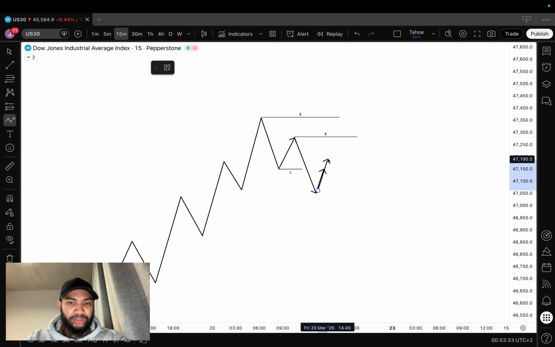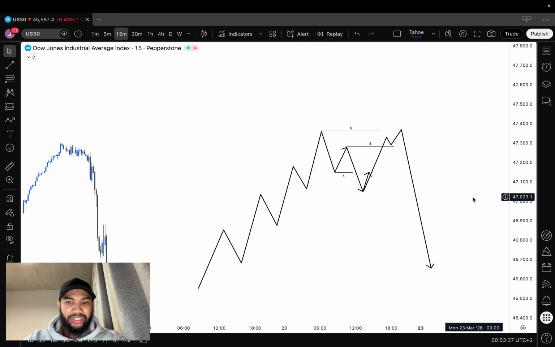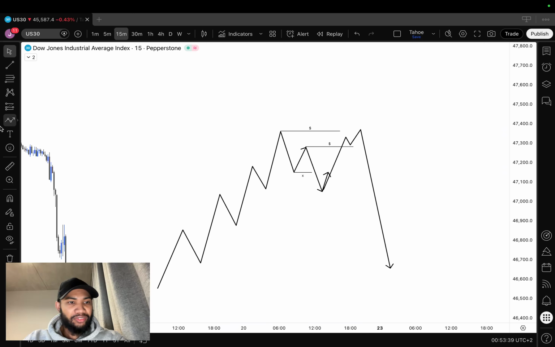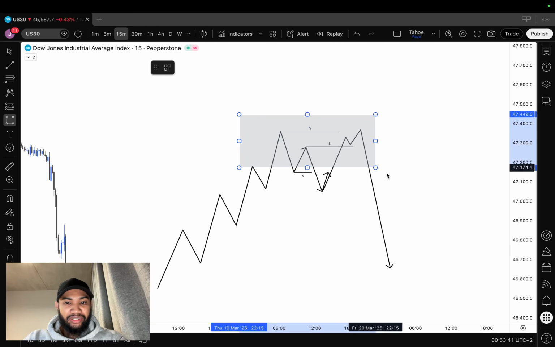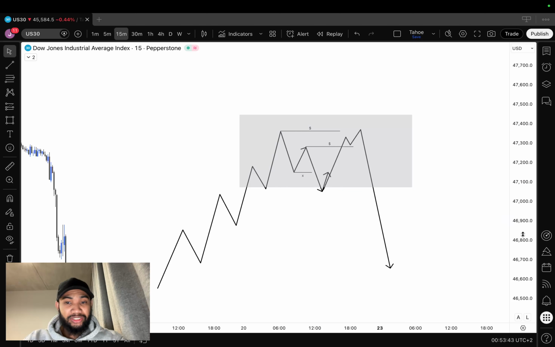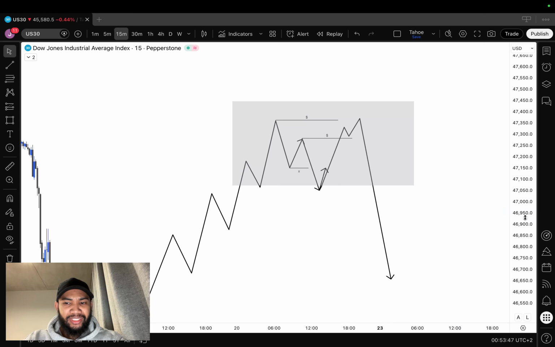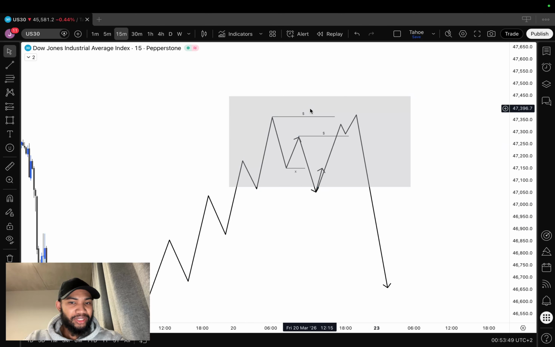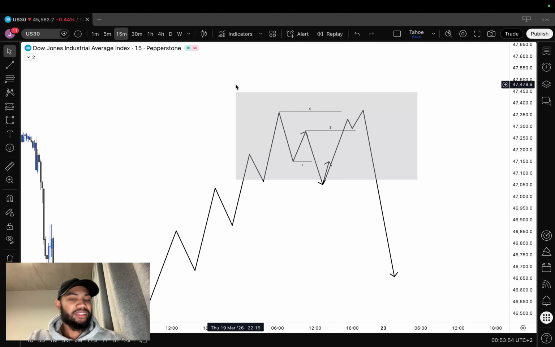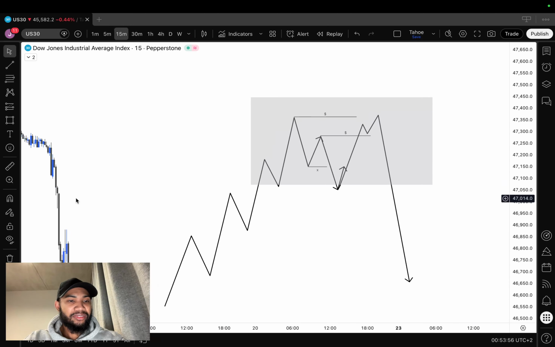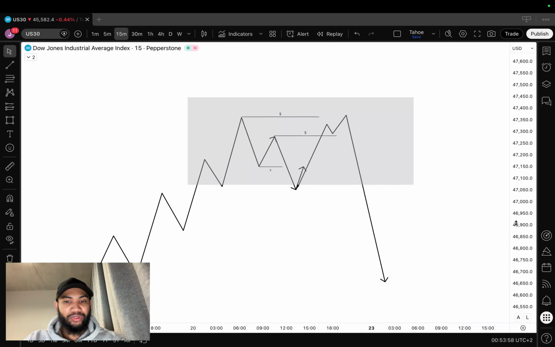As soon as the market pushes up and grabs at least one of these liquidities, I will then look to take the sell, and this is what I would define as a real market structure shift. This right here. Now, this could be many different variations. This is where price becomes complex, so I'm going to show you exactly how this looks on a realistic chart before we move on.